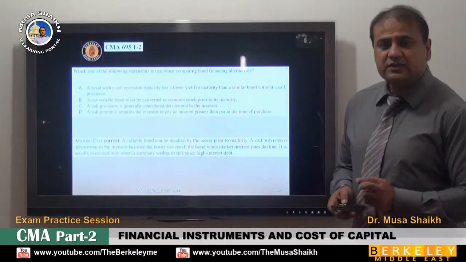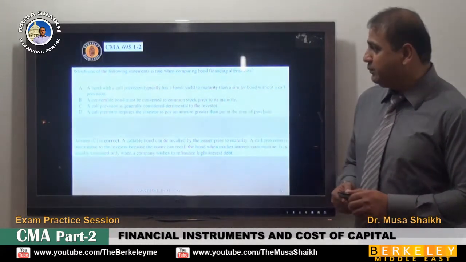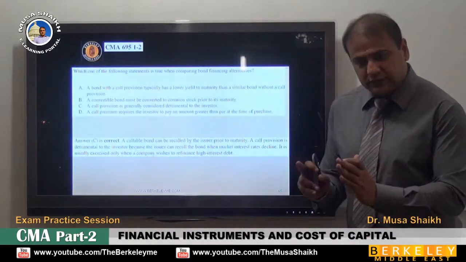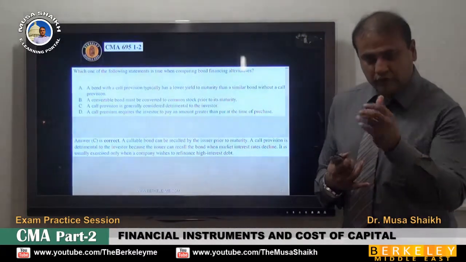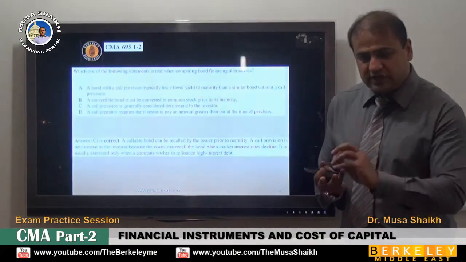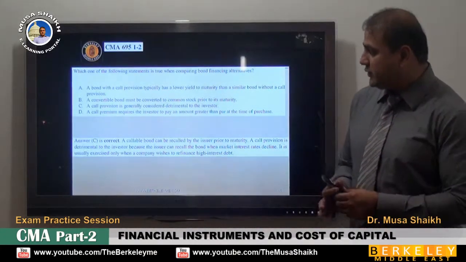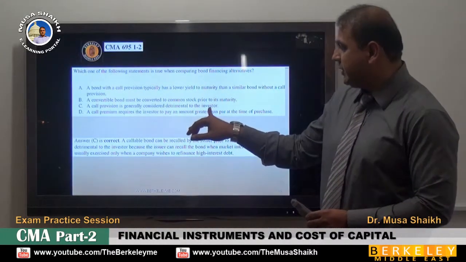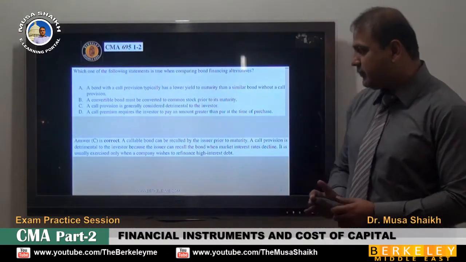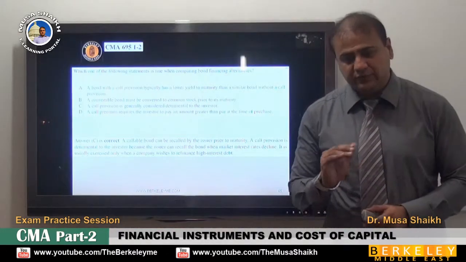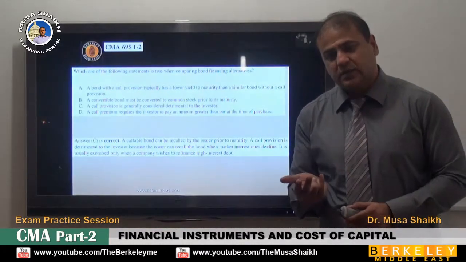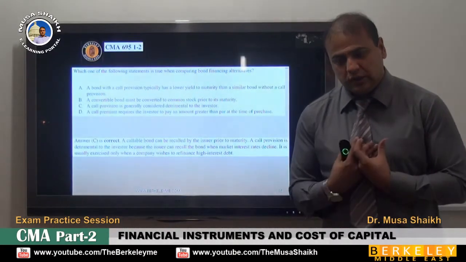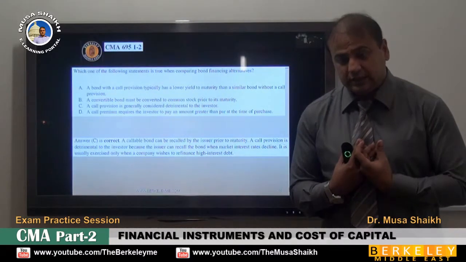Which of the following statements is true when comparing bond financing alternatives? It means when you are not issuing bonds, you have alternatives: you borrow from a bank, or you raise money by selling equity. A call provision is generally considered detrimental to investors. First of all, we should know what the provisions are. One is call and the other is put. Call option is when I want to call something from the market.